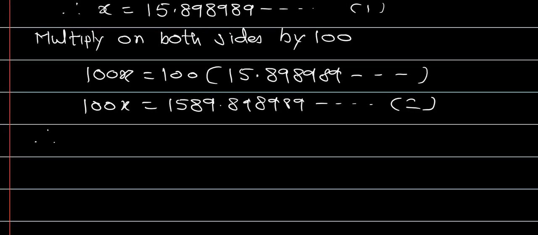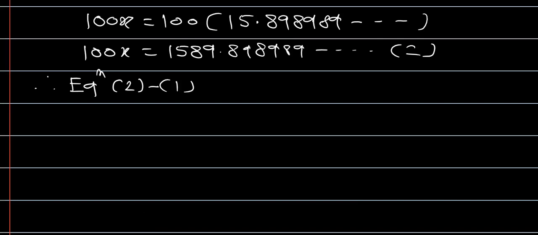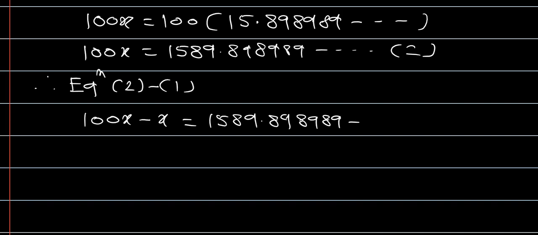Now equation number 2 minus 1. That is 100x minus x equals 1589.8989 dash dash minus 15.89 dash dash.